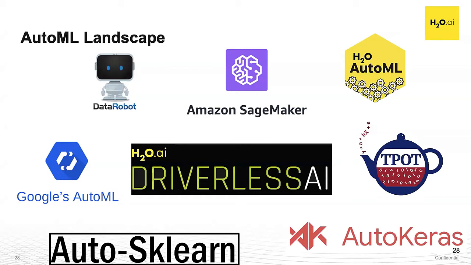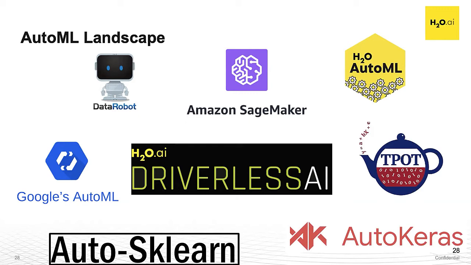There's an AutoML component of Keras called AutoKeras, TPOT, Amazon SageMaker. And as far as H2O is concerned, we have two AutoML products. One is Driverless AI, which is our enterprise product, which means, of course, you need to pay for that. Similarly, Google's AutoML is also paid, Amazon's SageMaker and Data Robot.